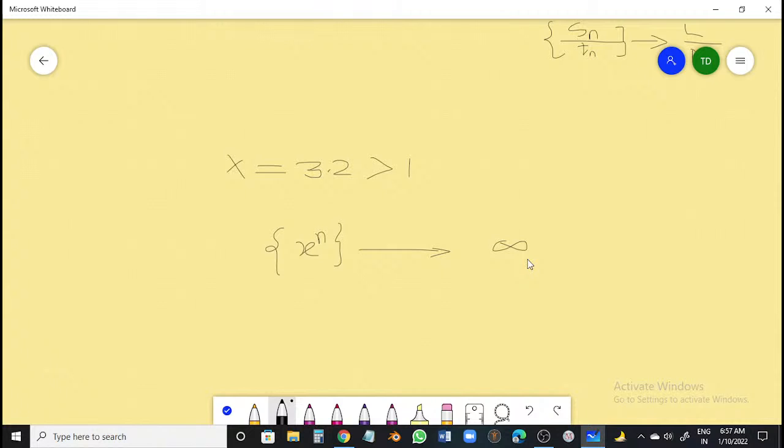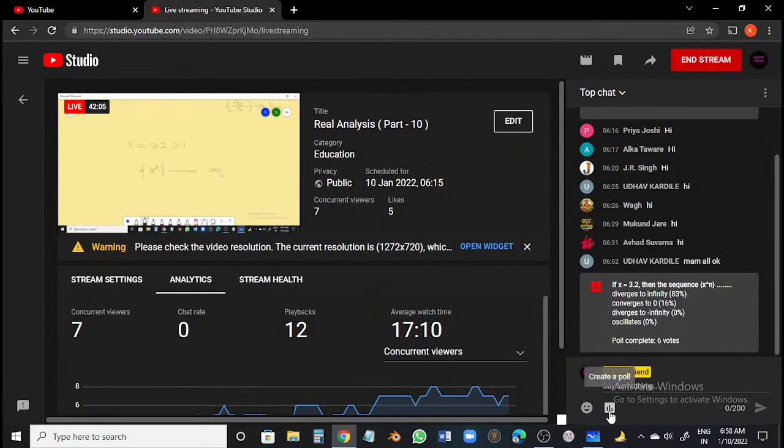There is no question of oscillation because no term will come back. All the terms are going on increasing. And the very important thing is if all the terms are greater than 1, how can they come to 0? So none of them will converge to 0. So the sequence will surely go to infinity. Alright, let's have one more.